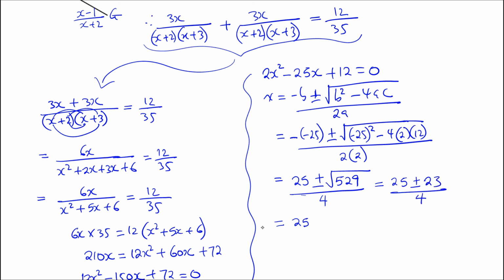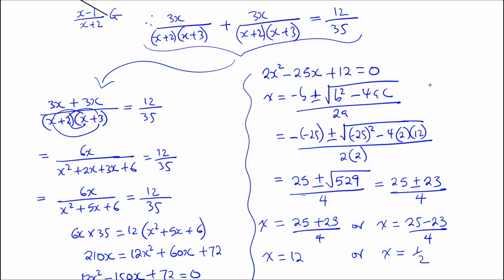So this means that x is either equal to 25 plus 23 over 4, or x is equal to 25 minus 23 over 4. Now this will either be equal to 12, or x will be equal to a half.